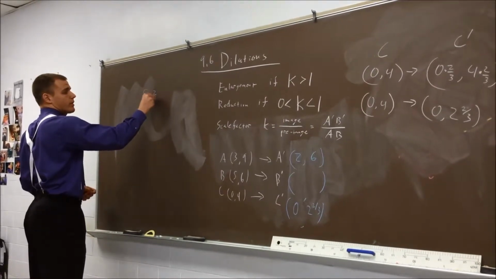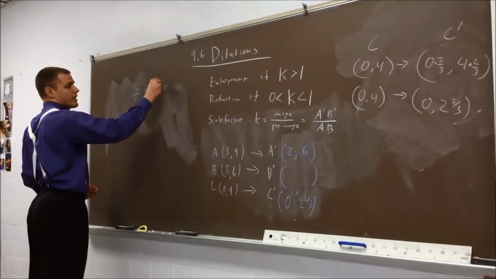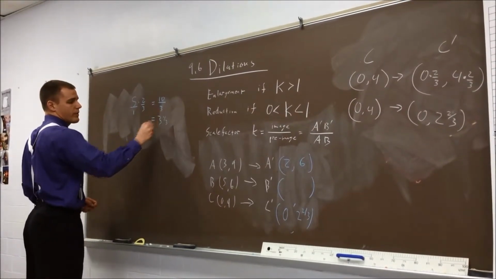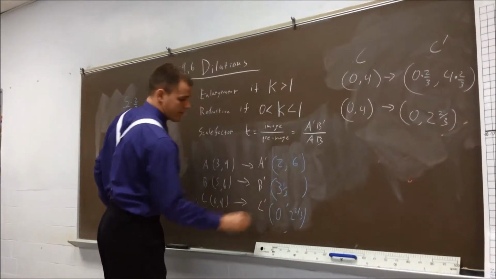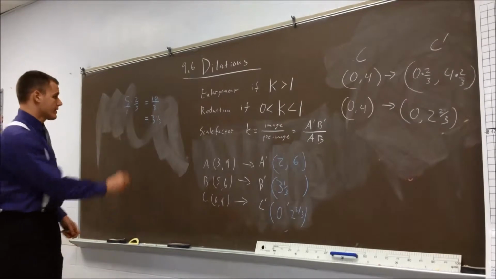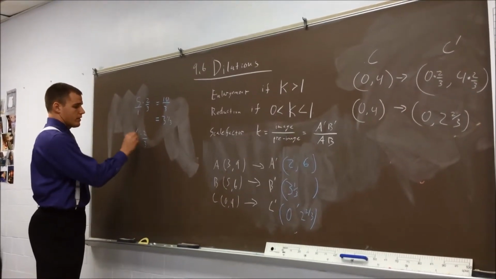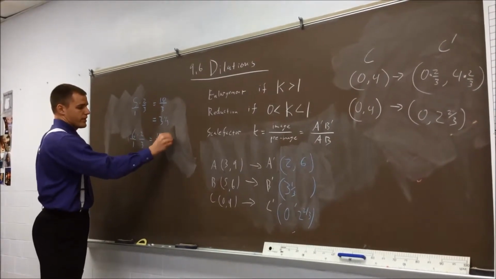5 times 2/3, well, that's 5 over 1. That gives me 5 times 2 is 10 over 3, so 10/3, which is 3 1/3 if I make it a mixed number. 3 1/3. And then 6 times 2/3, that's going to give me 12 over 3, which reduces to 4.